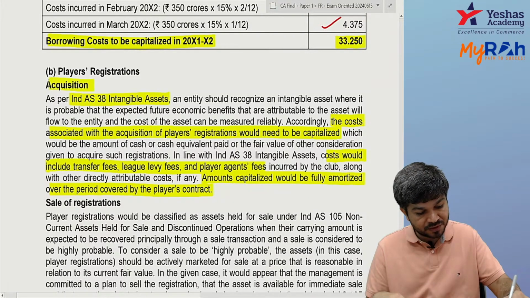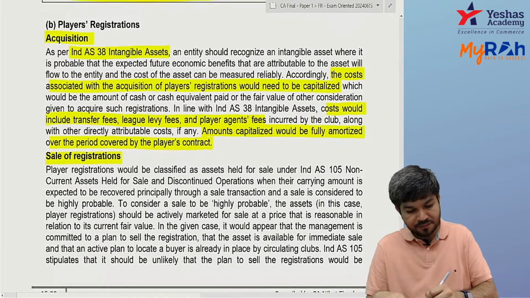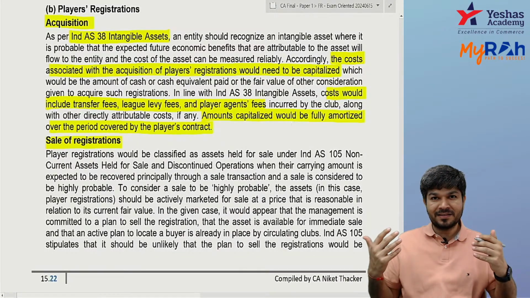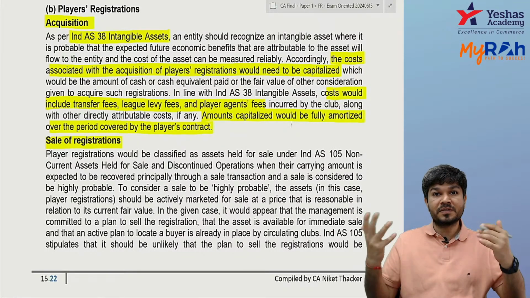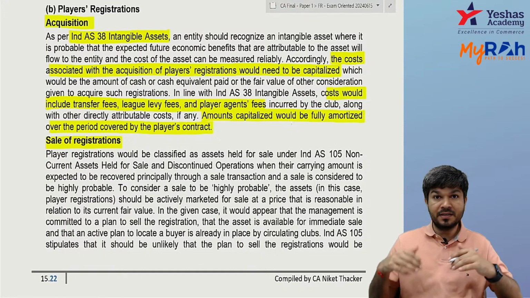This is acquisition. Now when I'm selling it off, tell me, if at all there's an intangible asset held for sale, it will be accounted for as per Ind AS 105, until it is actually sold.